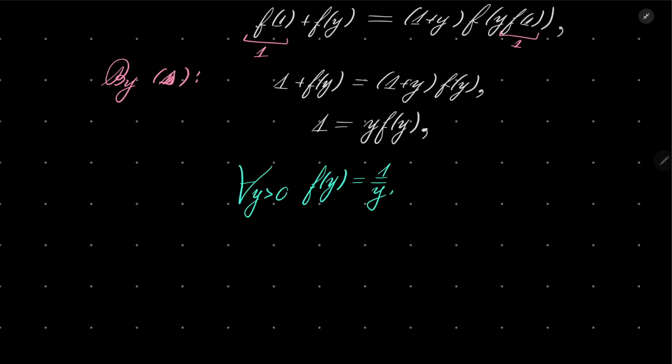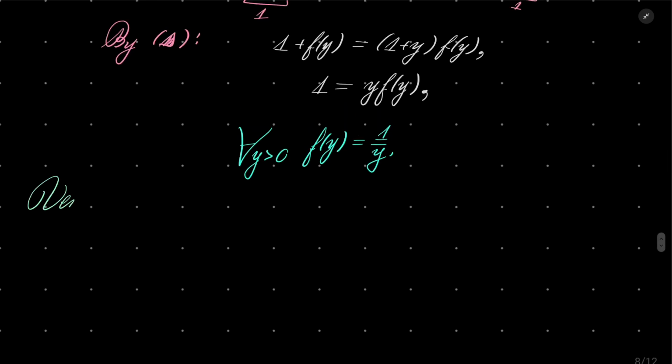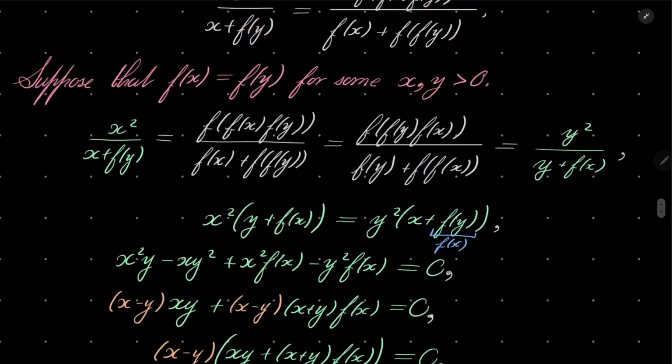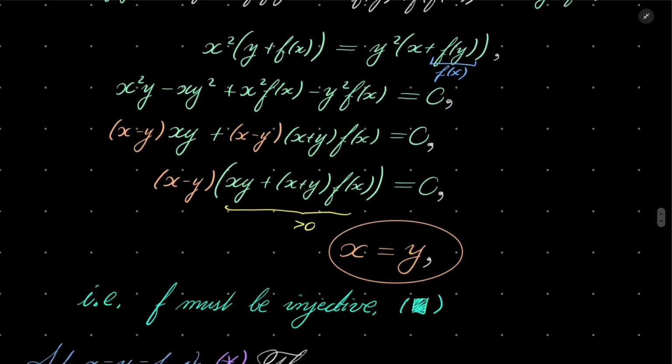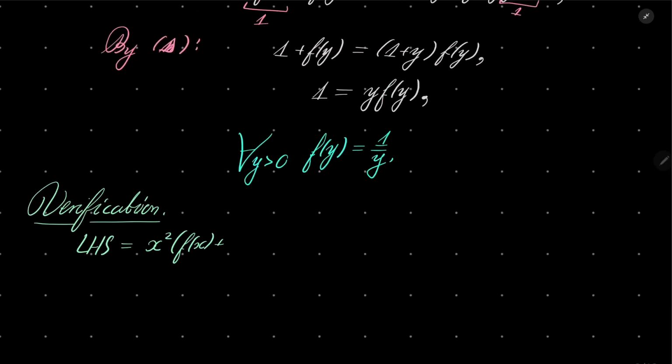It's the only possibility. But now it's time to verify our result. Verification. So we will take the left hand side and the right hand side of our very first initial condition asterisk. On the left hand side, we have x squared (f(x) + f(y)). So it's x squared (1/x + 1/y) equals x plus x squared over y.